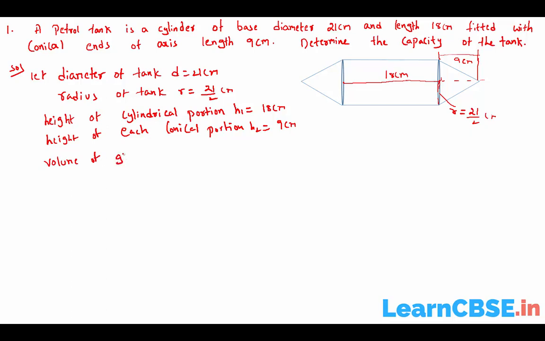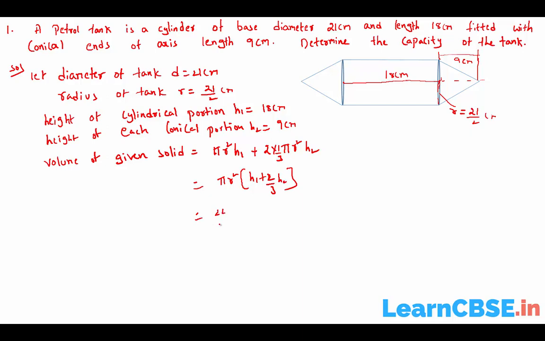Now capacity means nothing but volume. The volume of the given solid is the volume of the cylinder portion plus 2 times the volume of the conical portion, because there are two cone ends of the same dimensions. Now I can take pi r square common, we are left with h1 plus 2 by 3 h2.